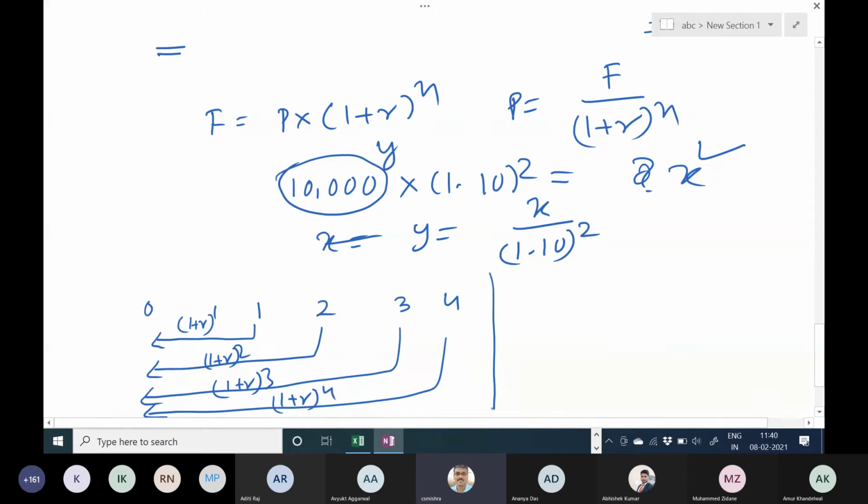In a future value, what happens? Your 0, 1, 2, 3, 4. 0 has no value. What happens? 1 will go here, fourth year end. Tell me what will be the multiplication factor? These are all 1 by, divide by.